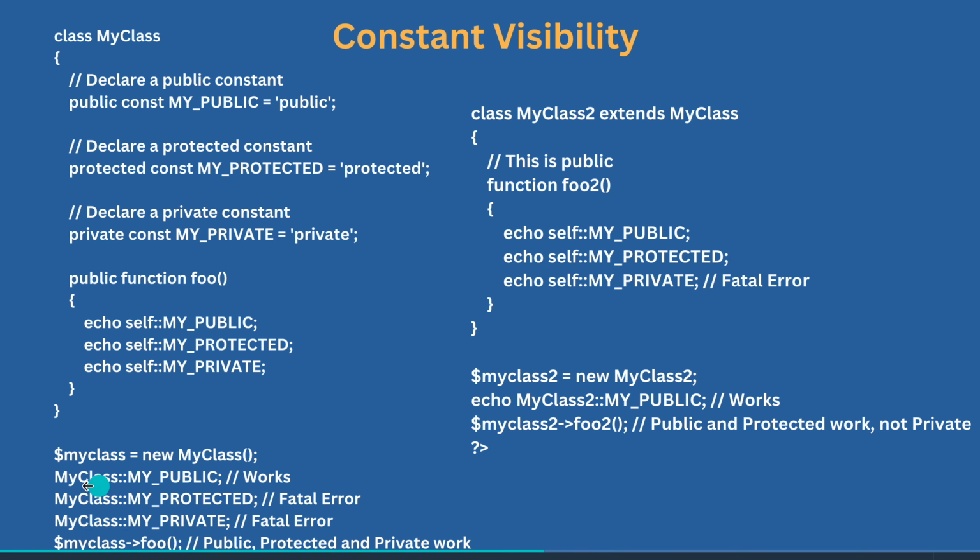It will work, sir, because this is public. Now what will happen if I try to access my class column my protected? Fatal error, because this is protected. I am not able to access it directly here.